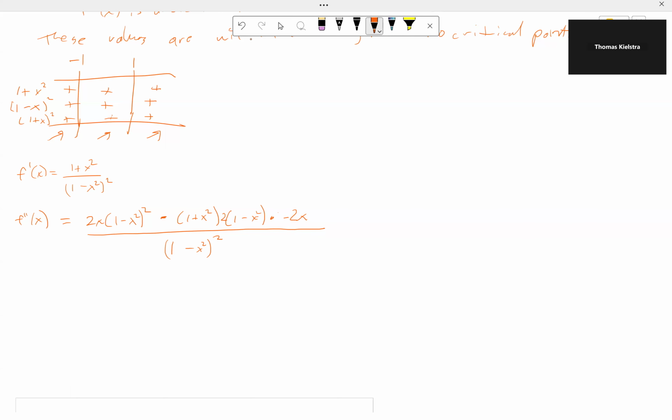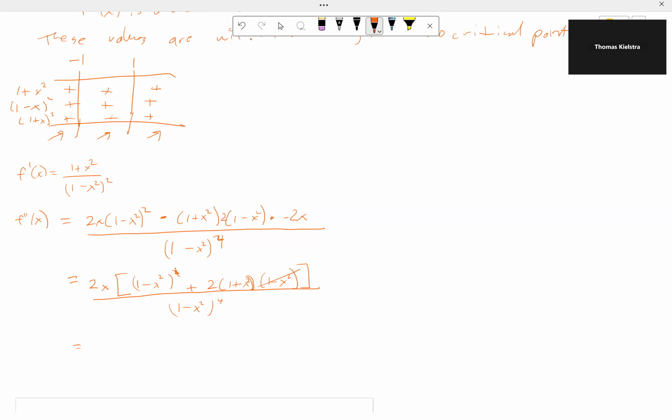Now I'm going to factor out my 2x, both the front and the back, giving me (1 minus x squared) squared plus (1 plus x squared) times (1 minus x squared) all over (1 minus x squared) to the 4, sorry. Now we can factor out a 1 minus x squared out of the top and bottom.